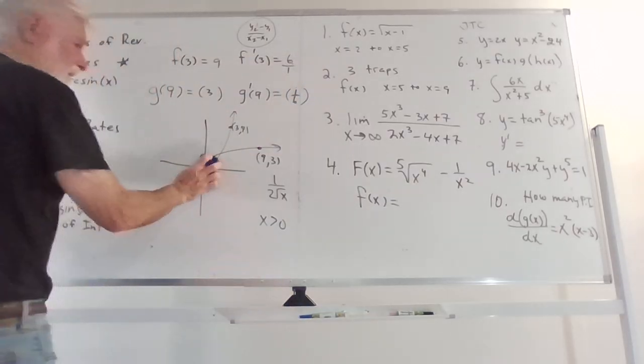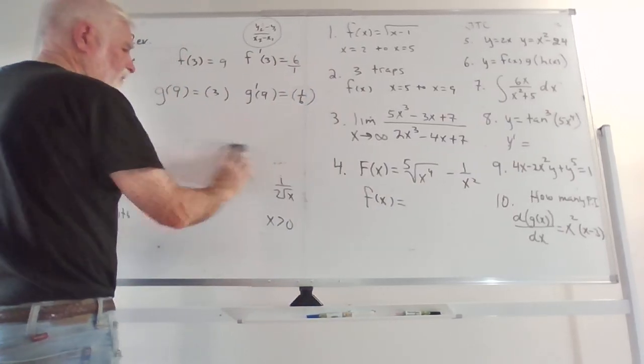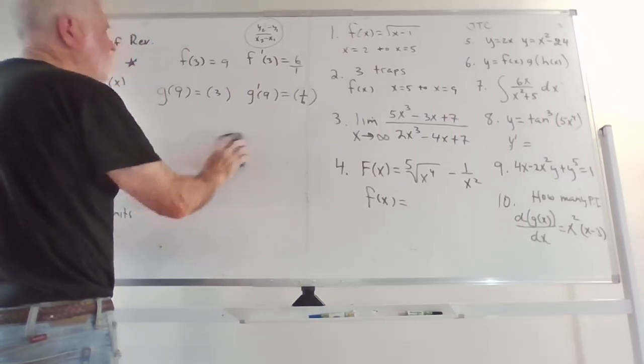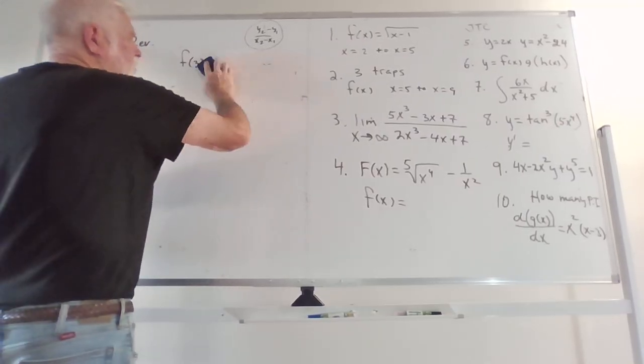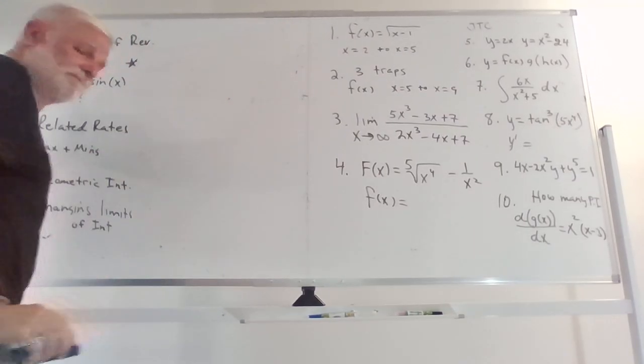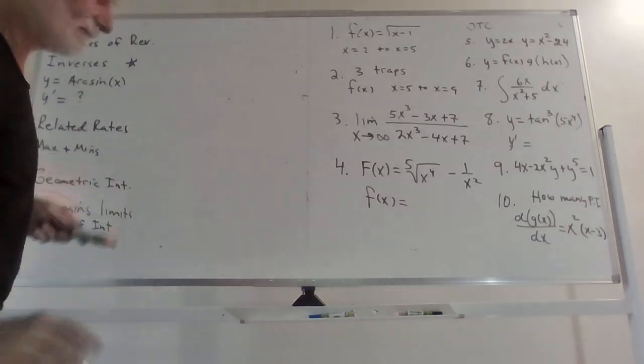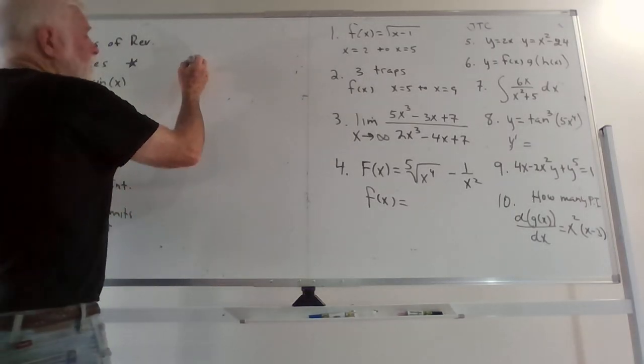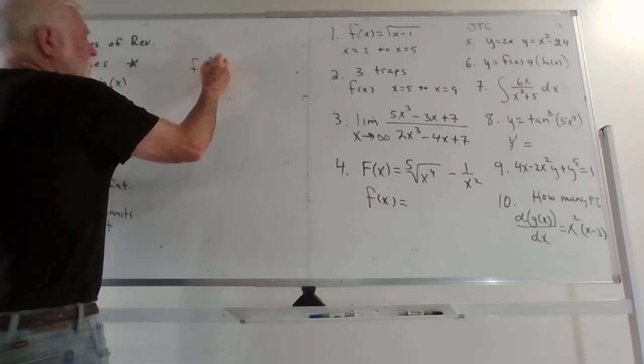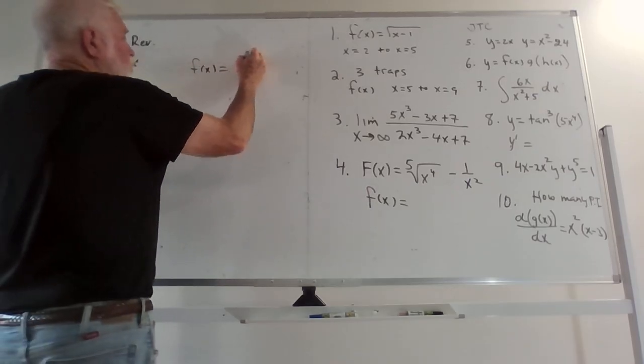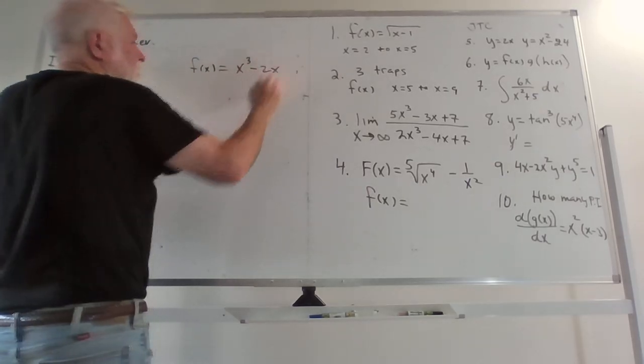Very interesting. Well, what happens if we have a function whose inverse is kind of difficult to write? Let's say we have, for f of x, how about we do x cubed minus 2x?